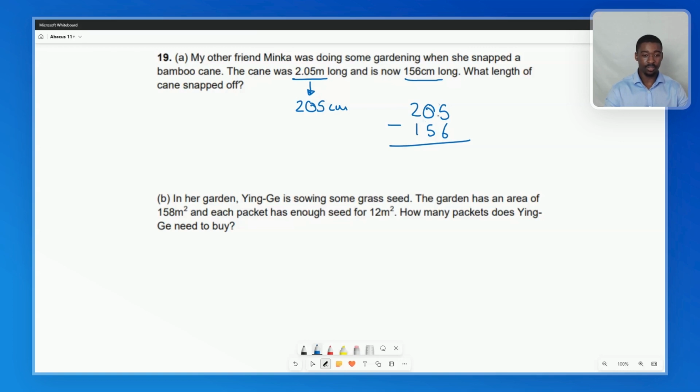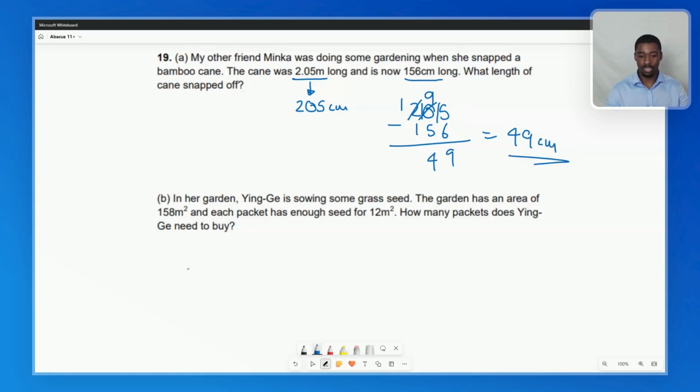Well, we have 5 minus 6, which we can't do, so we take a 10 from the 20 to take a 10 from the 10, giving us 15 minus 6, which is 9. Then we have 9 minus 5, 4, 1 minus 1 is 0. So 49 centimeters is our answer.